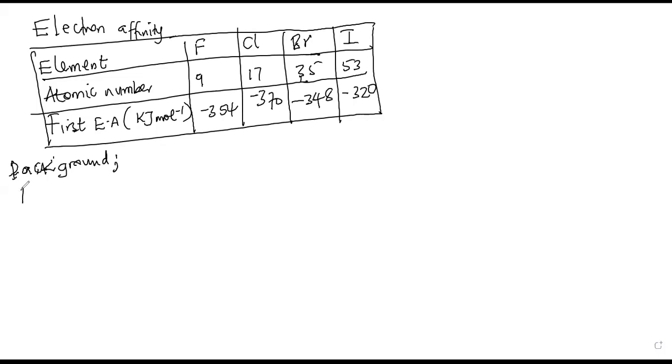When we say first electron affinity, look at this equation. Now you have a gaseous atom X plus an electron to give you a uninegatively charged gaseous ion X minus. Here now, we can define our first electron affinity as the energy given out when 1 mole of electrons combines with 1 mole of gaseous atom to form 1 mole of uninegatively charged gaseous ion.